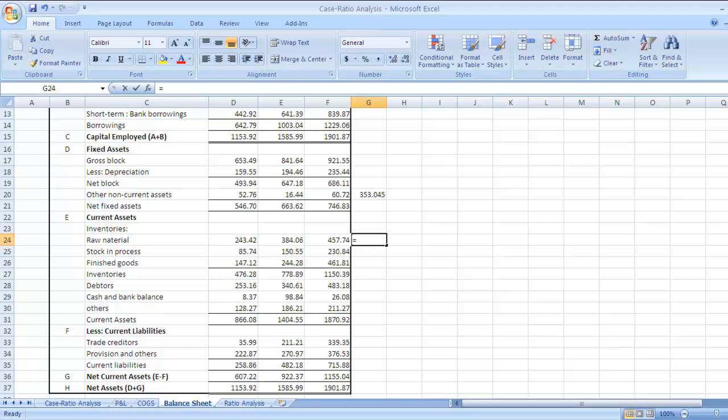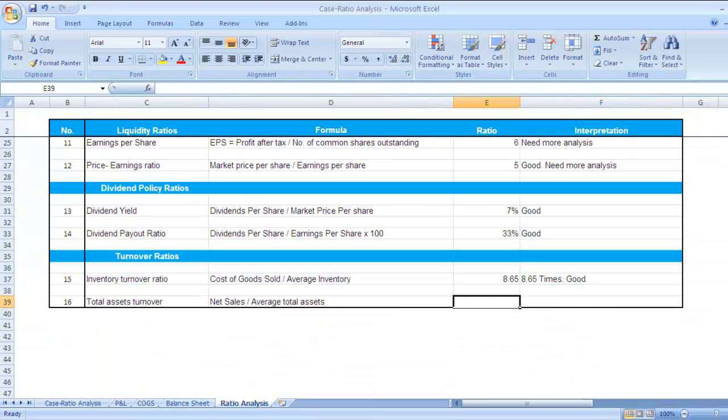For average total assets, the calculation should be net fixed assets plus current assets. So 2617.75 is the total figure for total assets. Okay, so now we'll go to the ratio analysis sheet and net sales.